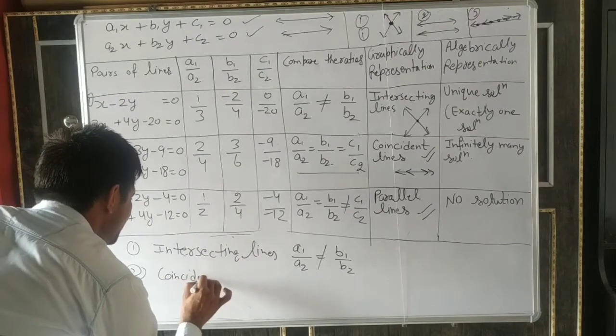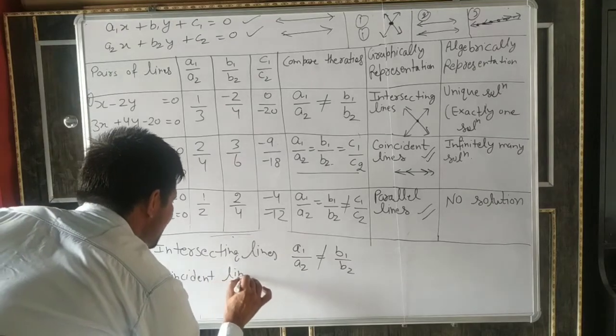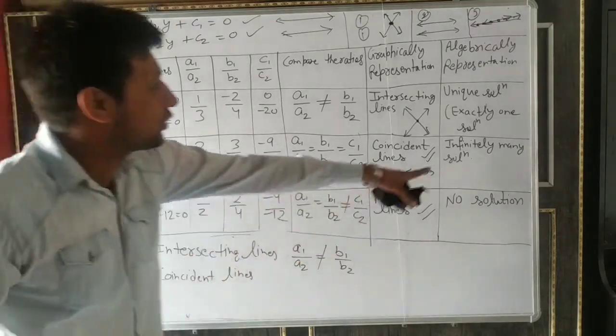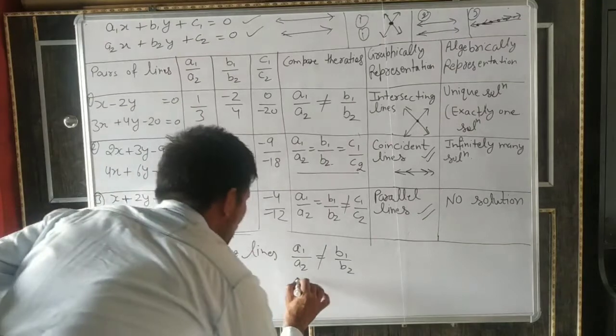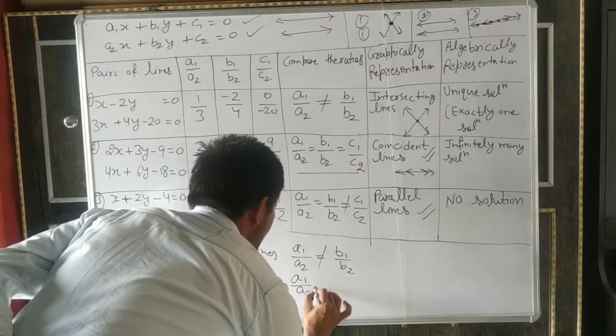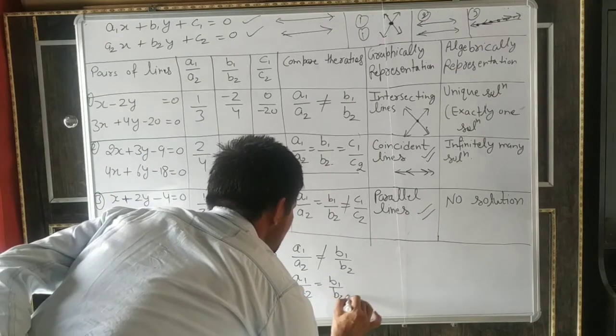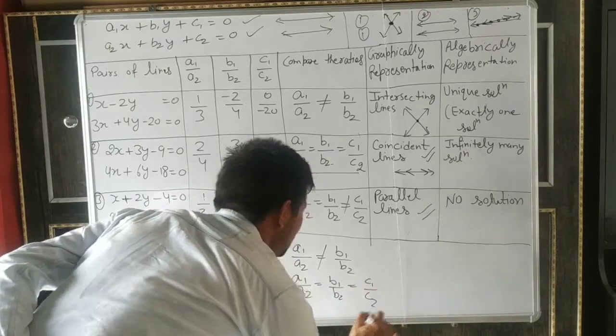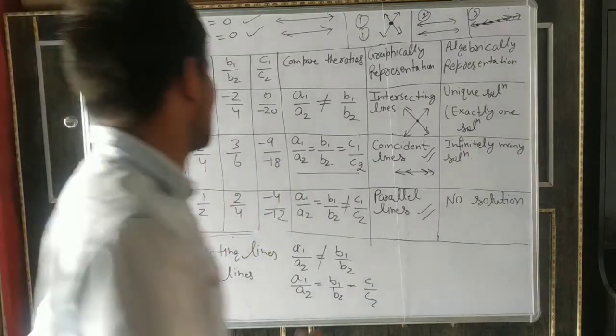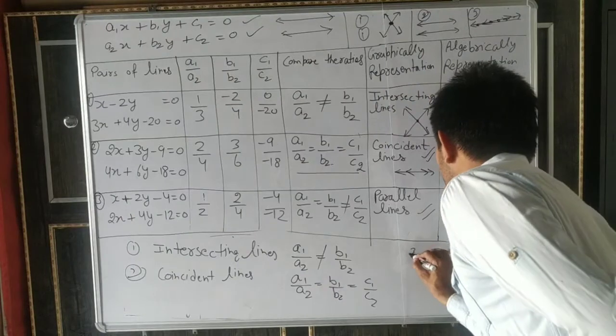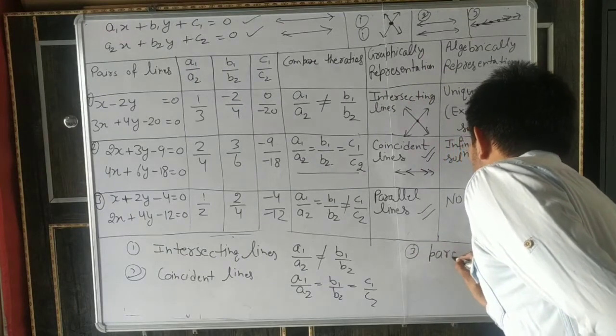And second is coincident lines. If lines are coincident to each other, how many solutions? Infinite. It means all are equal: A1 by A2, B1 by B2 and C1 by C2. All are equal. It means lines are coincident. And third is parallel lines.